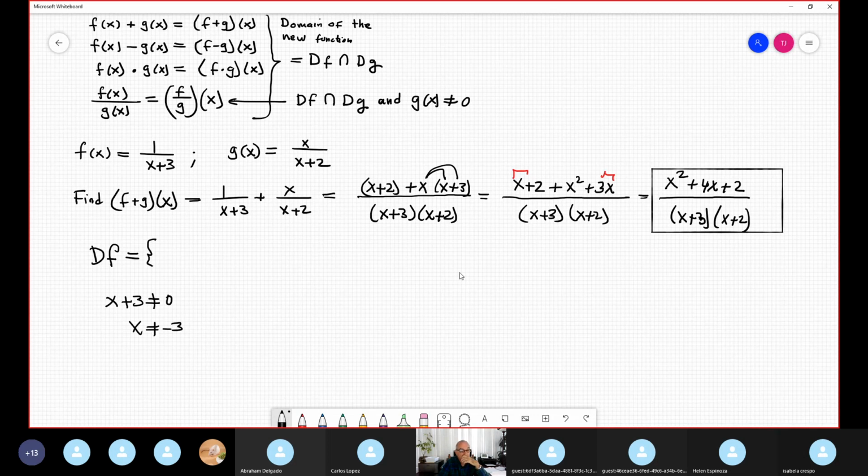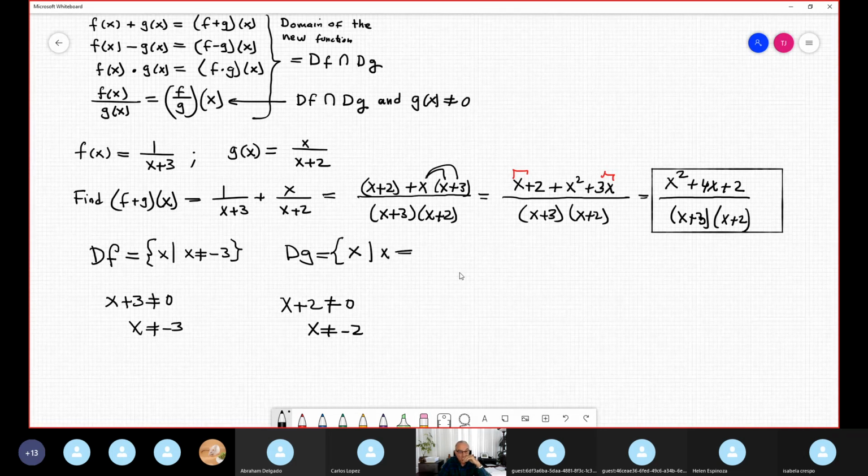So the domain you can represent like that: x such that x is not negative 3. This is the domain of f. And the domain of g is similar. You take the expression in the denominator, not 0, and get negative 2. So the bad guy is negative 2, the restriction. So x such that x is not negative 2.